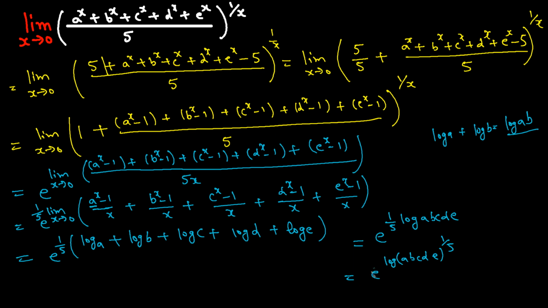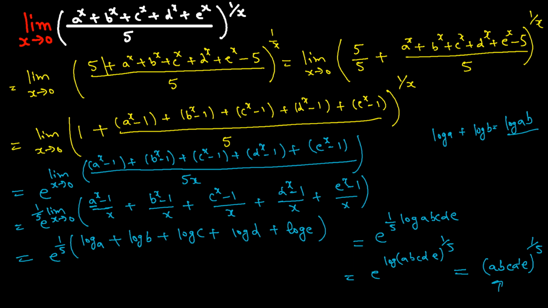And you all know e raised to power log natural is 1. So this is going to be a, b, c, d, and e raised to power 1 over 5. So that's my answer.